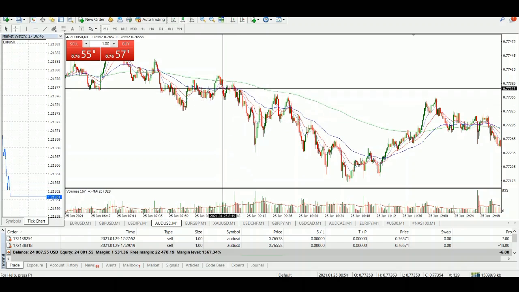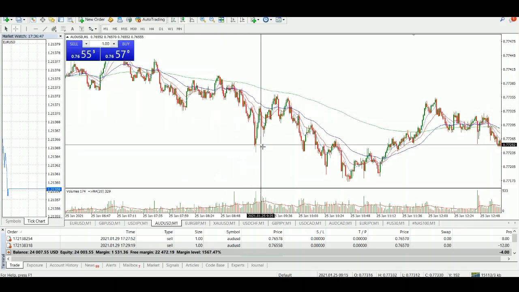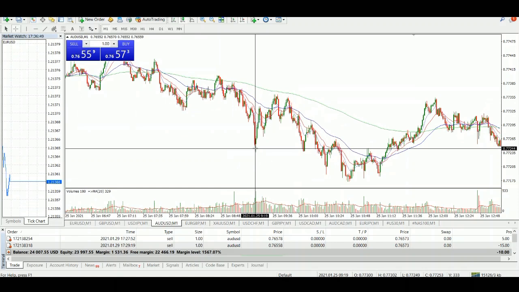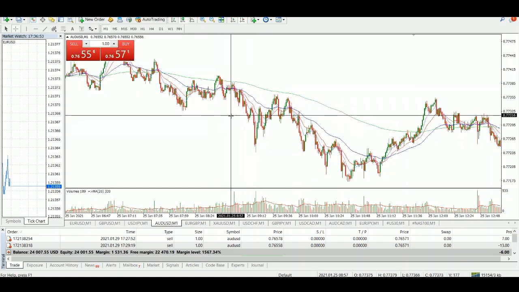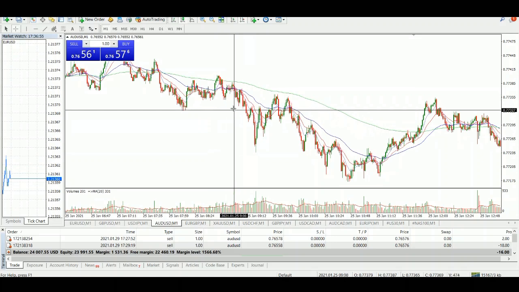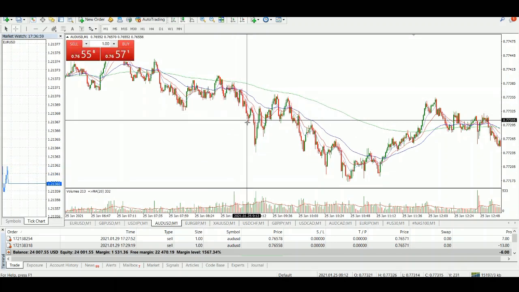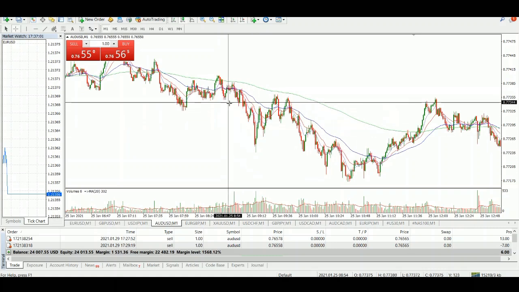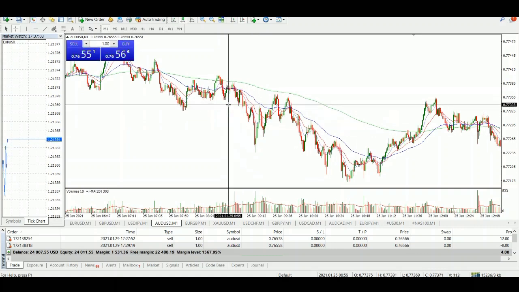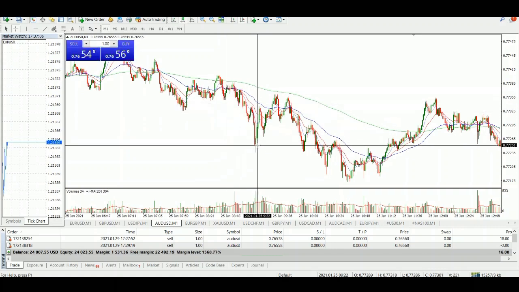So we first sell, second, third, fourth, and we keep on selling till there, with a constant distance between each of them. Of course, you cannot have a strict constant distance, but try your best to have a constant distance between your orders, okay? So no worries about it.